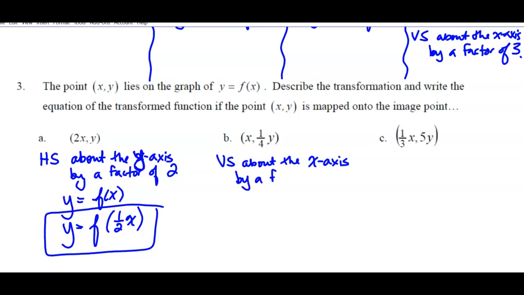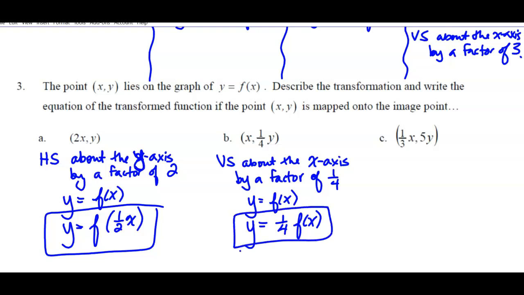By a factor of 1/4. Okay, so if we start with y equals f of x, then you can go right to the final answer if it's solved for y. It doesn't say what form to put it in, so that, or this would be 4y equals f of x.